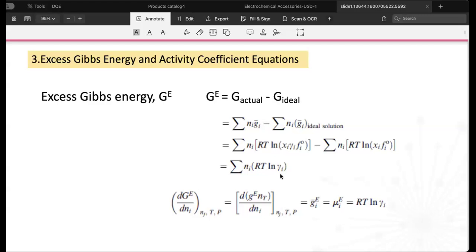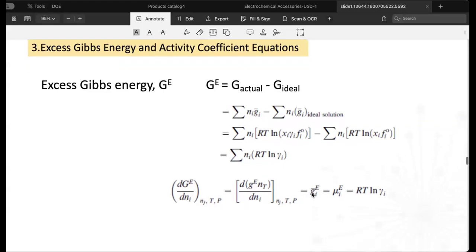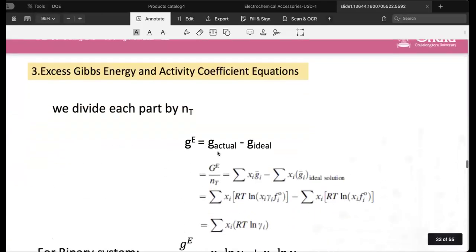If you want to know how we can derive this, I can give you the chapter related to this, but you have to study by yourself. So this is RT log gamma i, right? We get excess Gibbs energy.